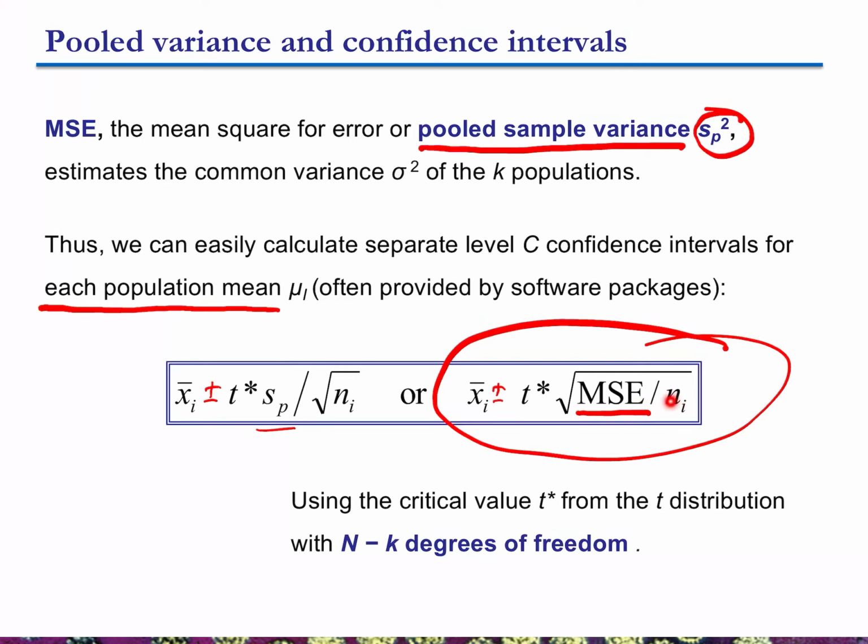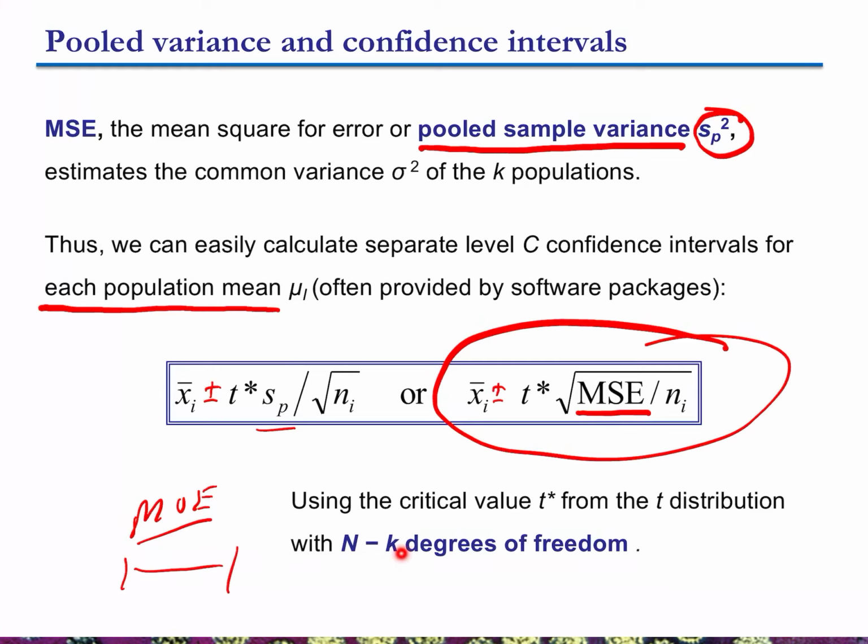Or, again, that value of t multiplied by the square root of the mean square error divided by the sample size. Either way, this gives us a margin of error. Remember, margin of error is 1/2 of our confidence interval. So our mean minus and our mean plus the margin of error gives us our confidence interval.